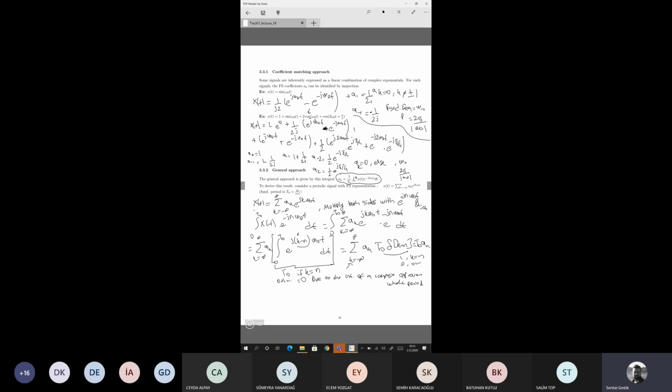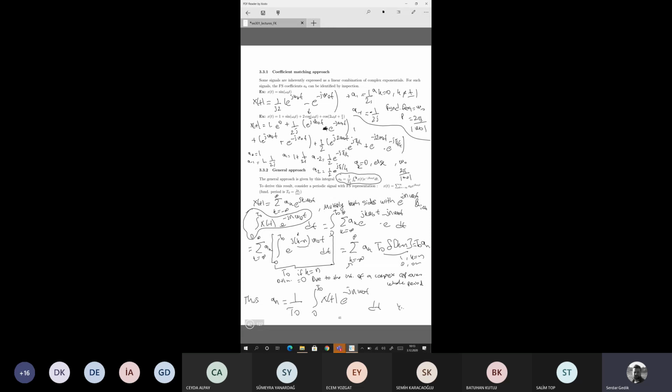So what was this integration? Remember, it was the integral from 0 to t0 of x of t e to the power j n omega 0 t. So finally, I have a n is equal to 1 over t0 integral from 0 to t0 of x of t e to the power minus j n omega 0 t dt.